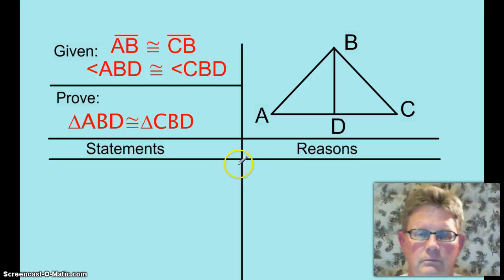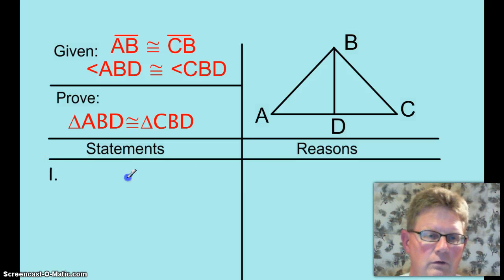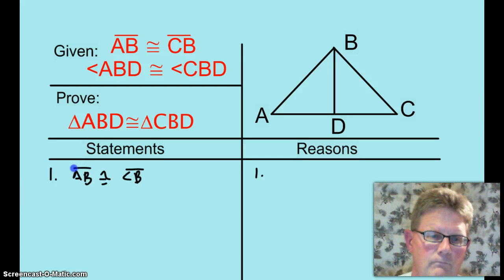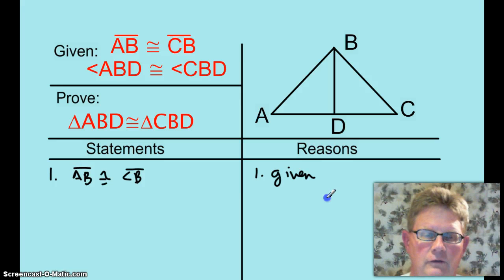Same picture, just about same everything, not quite. We'll start with the first given. AB is congruent to CB, given. Remember to do what next? When you say a congruent statement, mark it. So we'll go like that, and we'll go like that.